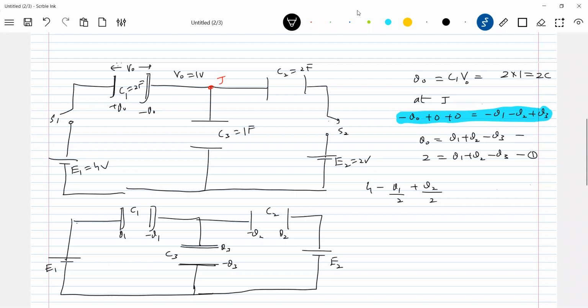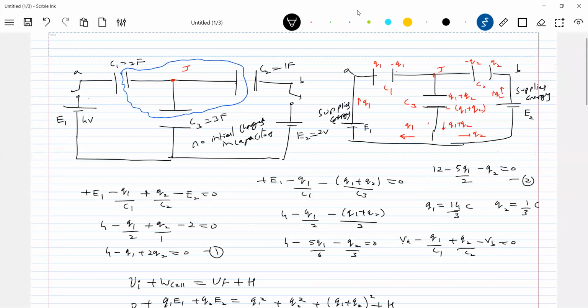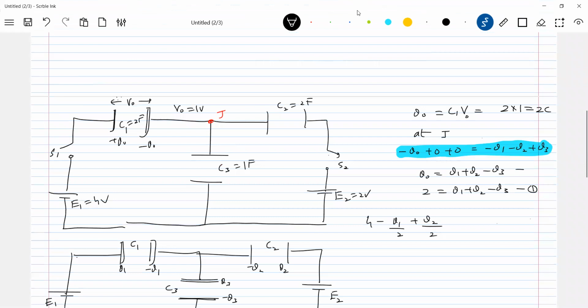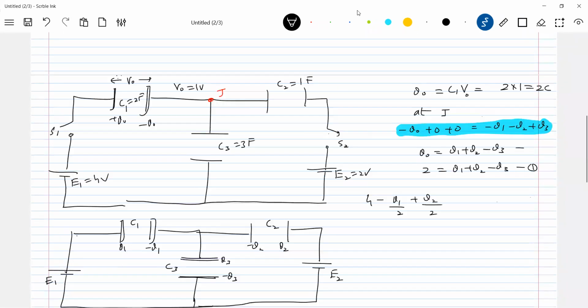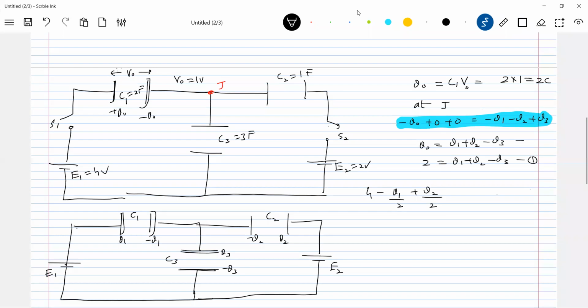What were the values? C2, 1 farad. I think I'll change this. Just the previous problem, let me continue so that you can notice the difference. 4 minus Q1 plus minus 2 equal to 0. So this will be 2, 4.